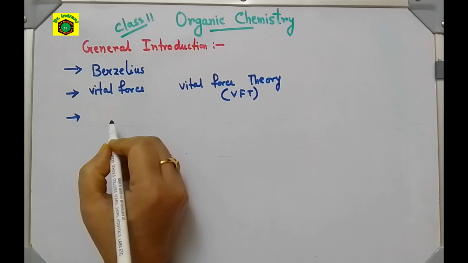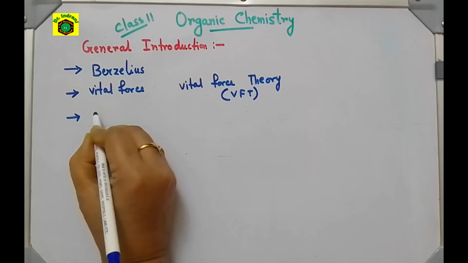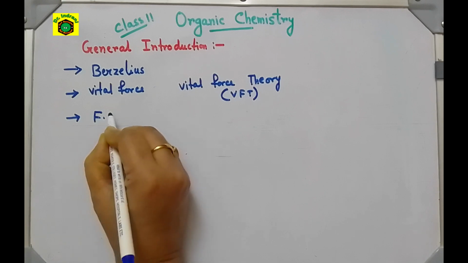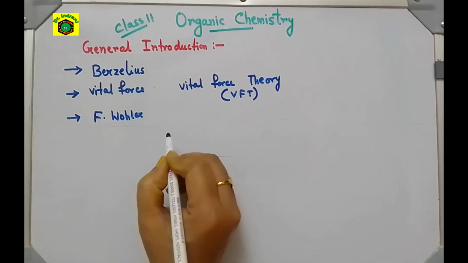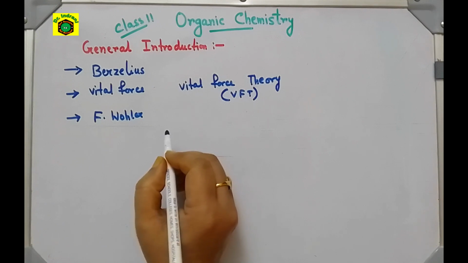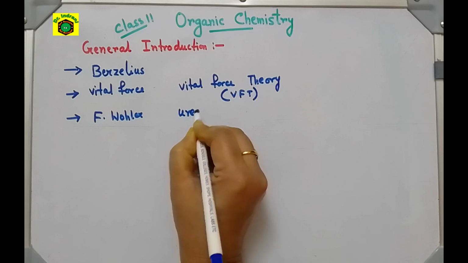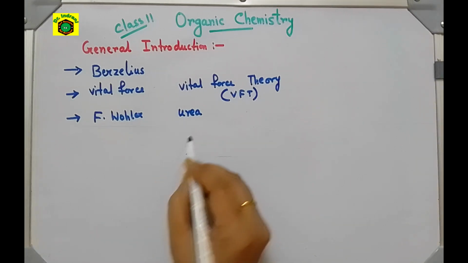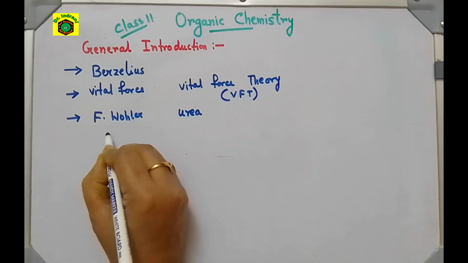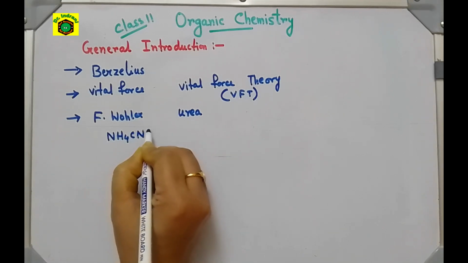But in 1828, a German chemist, F. Wohler, prepared an organic compound, urea, from an inorganic compound, ammonium cyanate. This is ammonium cyanate.